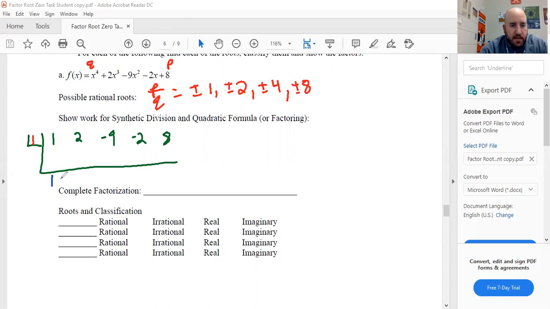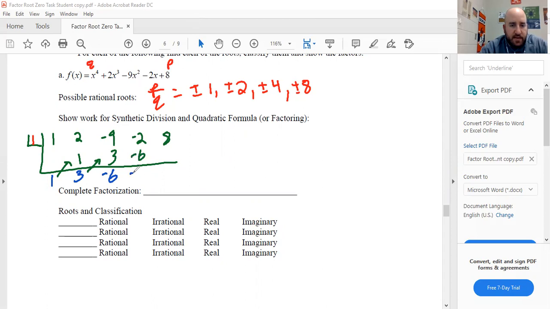Blue 1 times red 1 is 1. 2 plus 1 is 3. Blue 3 times red 1 is 3. Negative 9 and 3 is negative 6. Blue negative 6 times red 1 is negative 6.